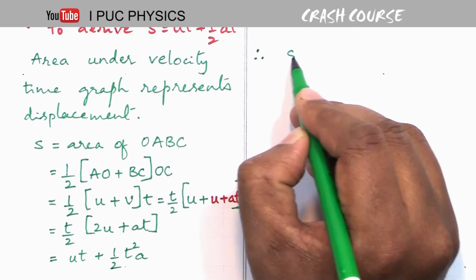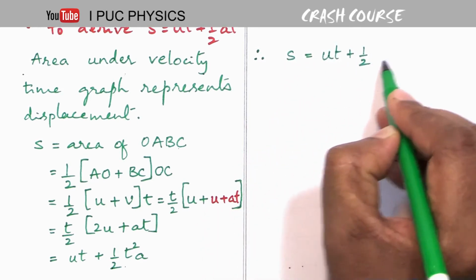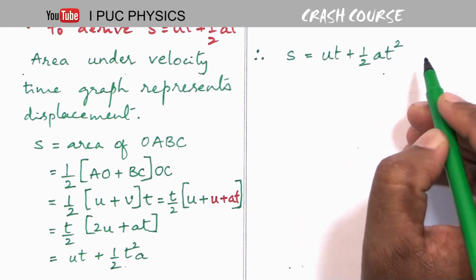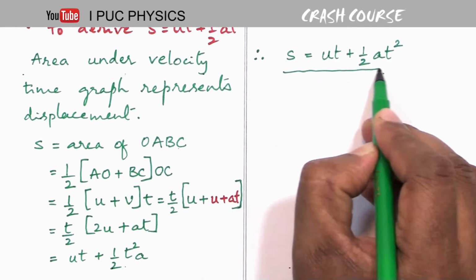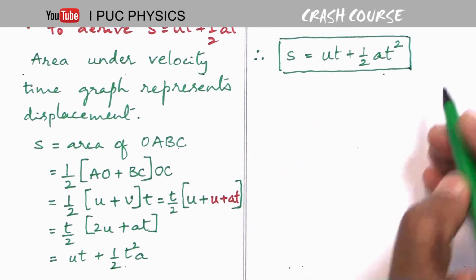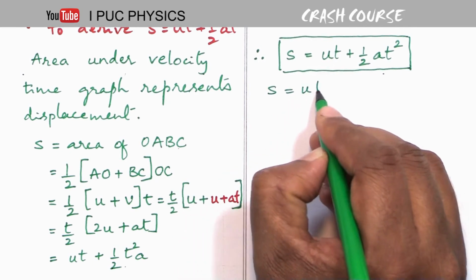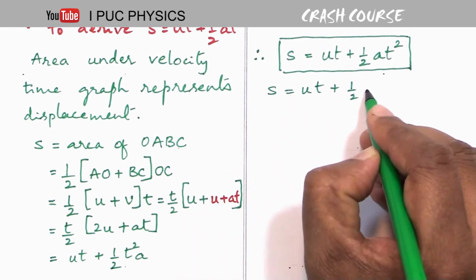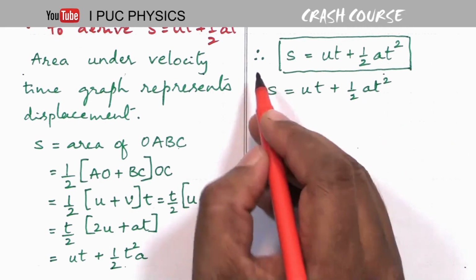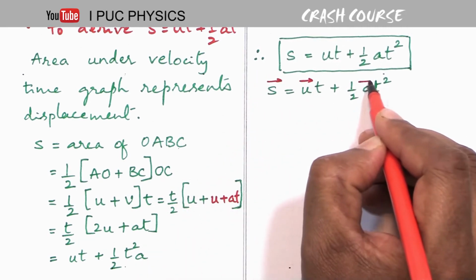Therefore, s equal to ut plus half at square. So this is the expression for displacement in terms of time. In vector form, s equal to ut plus half at square. These are the vectors s, u, a.